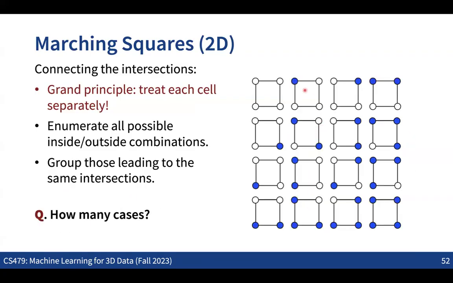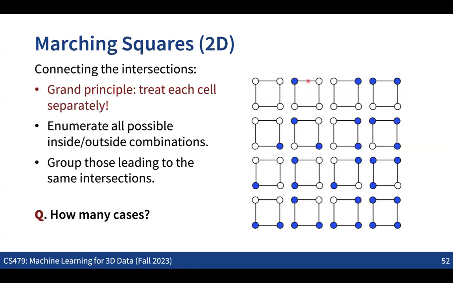For example, this is the case where we have these three points, having, for example, a negative sign, and the other point is positive. And if we rotate this cell here, we can also get the third one here as well, and also this one and this one, right?